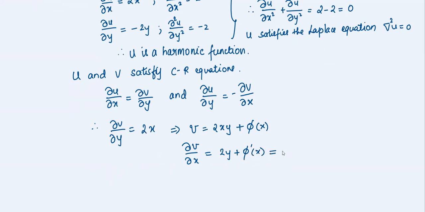This should be equal to minus of dou u by dou y, which is minus of minus 2y, that is 2y. So phi dash x equal to 0 we get.